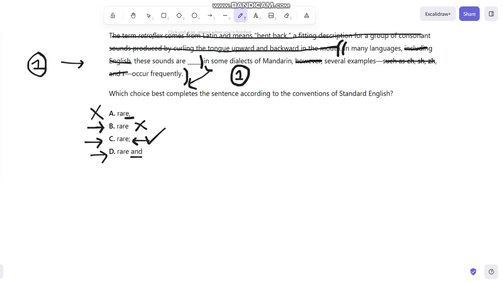If it used a comma before "and," then we would say that it follows the FANBOYS rule. But since we're only left with "and," we cannot connect it to join two complete sentences, so this cannot be our answer either. That's why C fits.